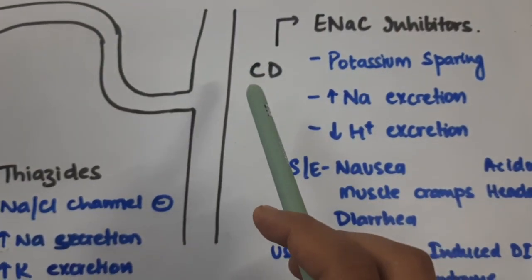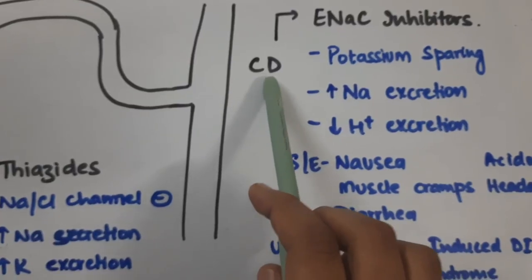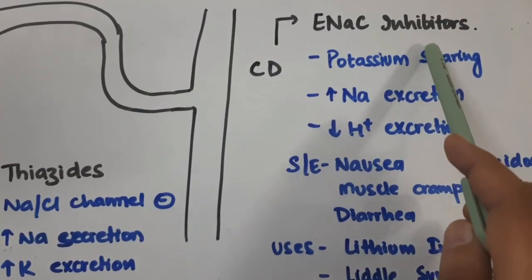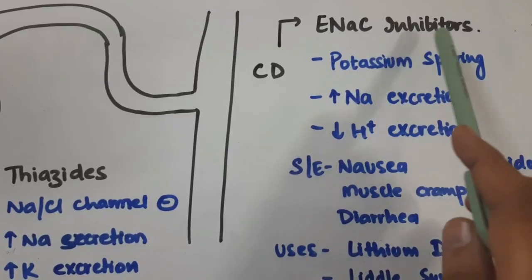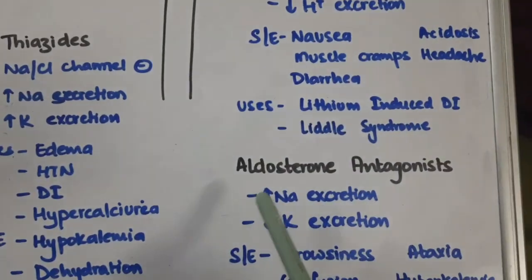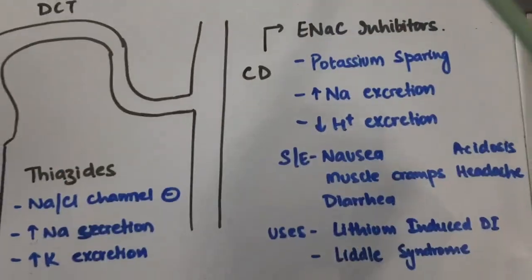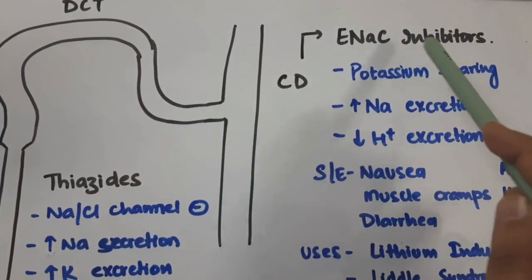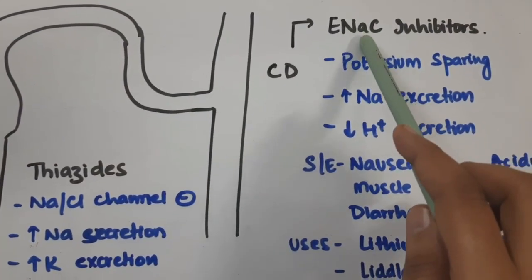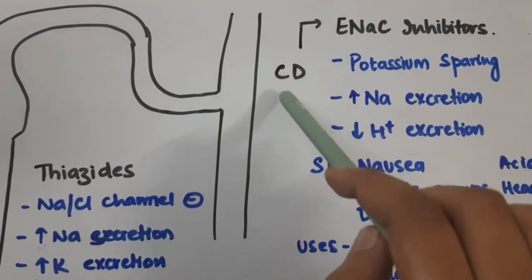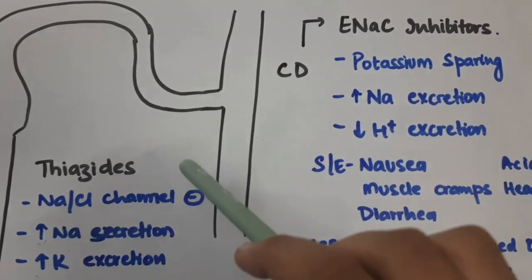Finally, there are two groups of drugs which act on the collecting duct. They are your ENaC inhibitors or epithelial sodium channel inhibitors, and you have aldosterone antagonists. These channels are present in the cells of the collecting duct.